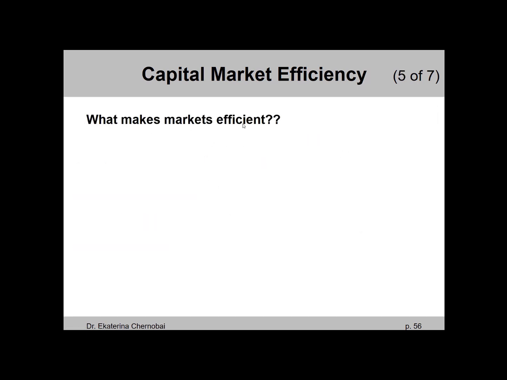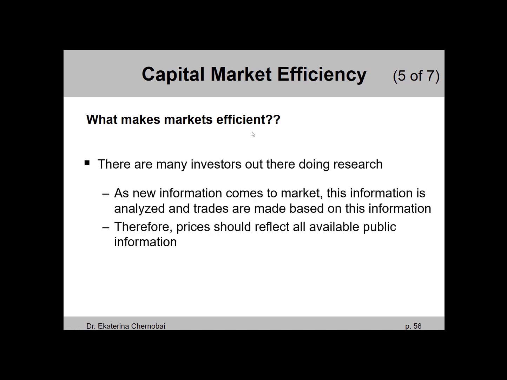Okay, so now what makes markets efficient? Basically, what makes them efficient is the fact that there are advanced computers in our life these days. There are people on Wall Street who are paid $500,000 a year, $1 million a year to do the only thing they do, gather information on different companies, write sophisticated codes for programs that analyze, let's say, the content, the keywords in that information, and try to predict where the prices are going.